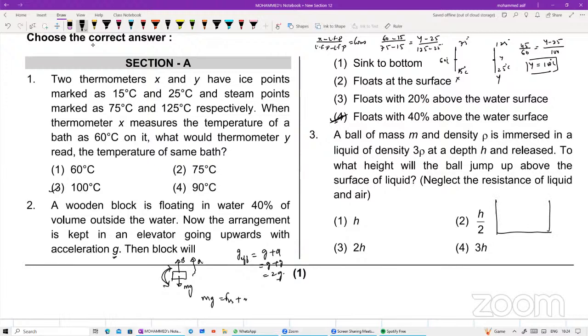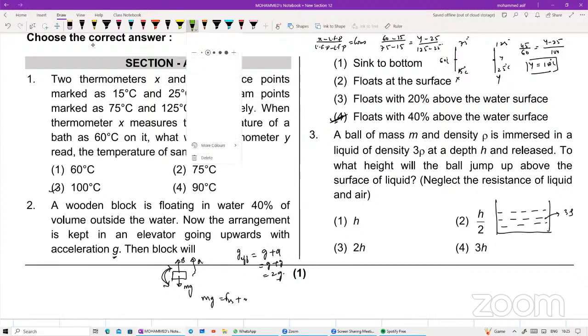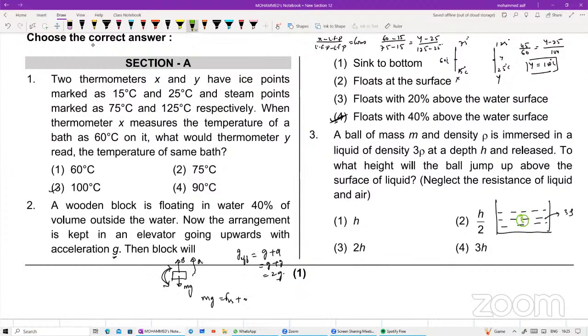This is some liquid. The density of this one is 3 rho. We have got a ball, which is immersed in this liquid. The density of this ball is rho.